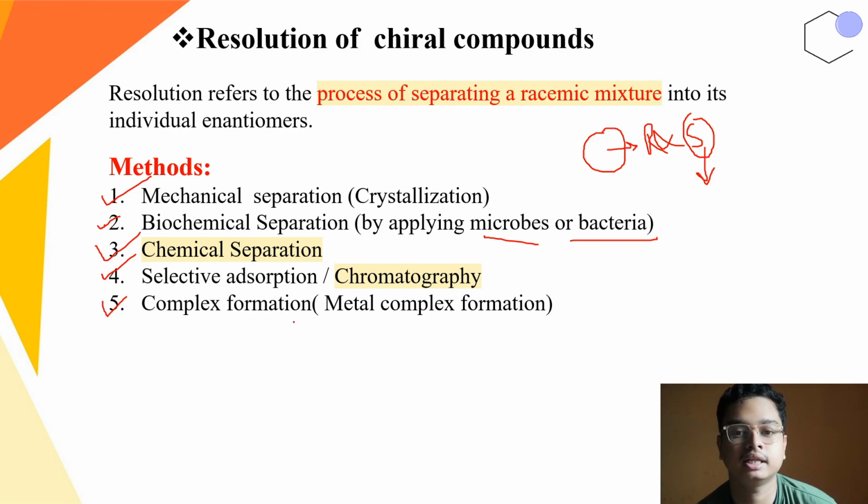This basically applies some kind of metal complex, and the metal complex can react with only one of the enantiomers, because the metal complex also becomes chiral. If we add the chiral metal complex, it reacts with only one enantiomer, either R or S, complex formation takes place, and it precipitates out from the reaction mixture. From there also we do the resolution.